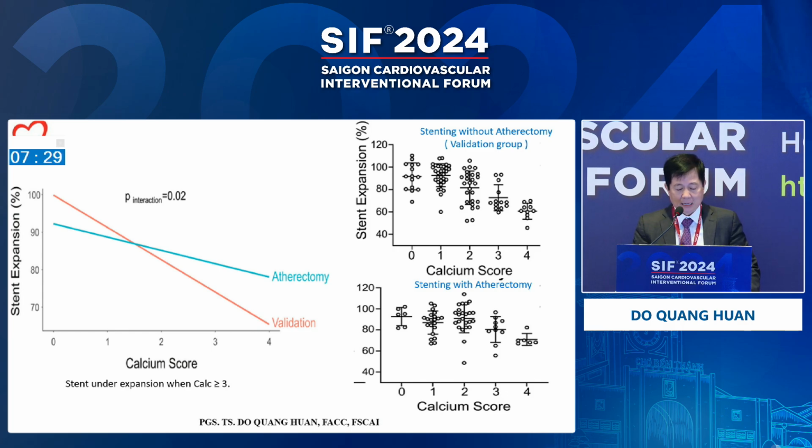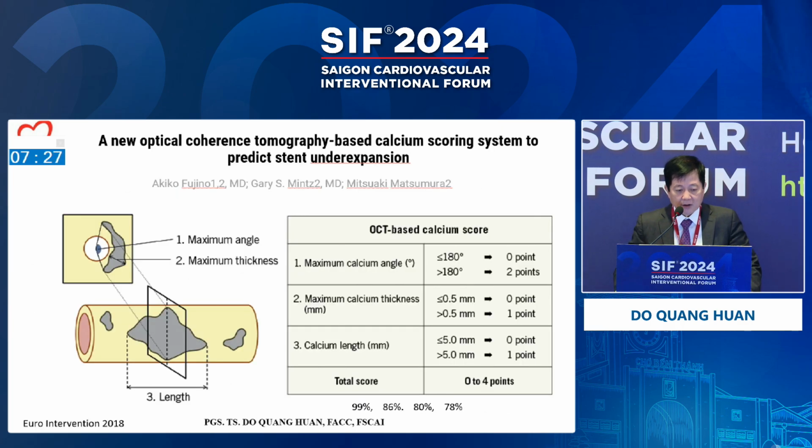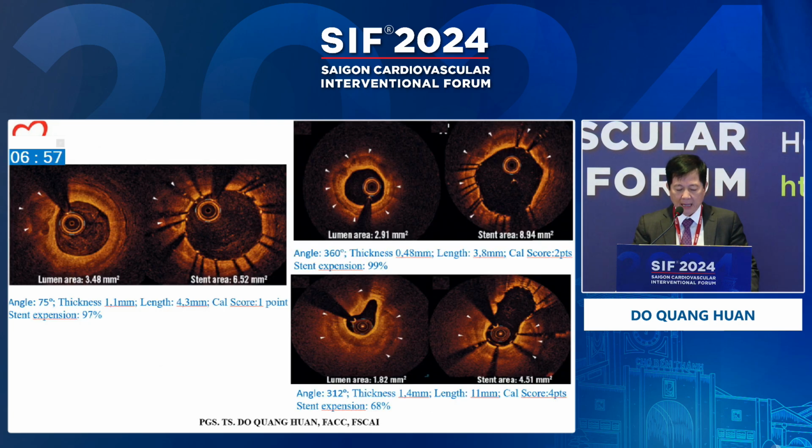For IVUS, the study from Dr. Akiko Fujino shows that we score the calcified lesion based on the maximum calcified arc more than 180 degrees, 2 points; maximum calcified thickness more than 0.5 mm, 1 point; and calcified length more than 5 mm, 1 point; totaling 0 to 4 points.